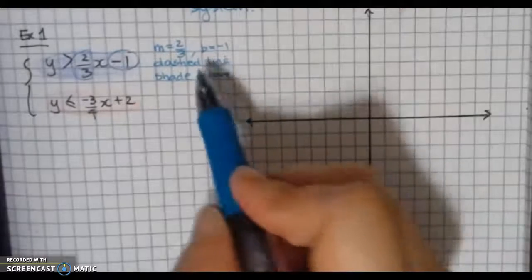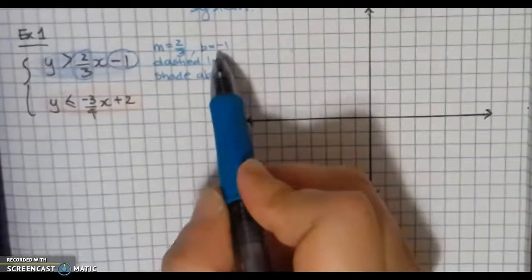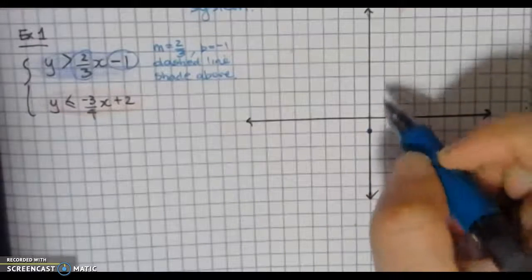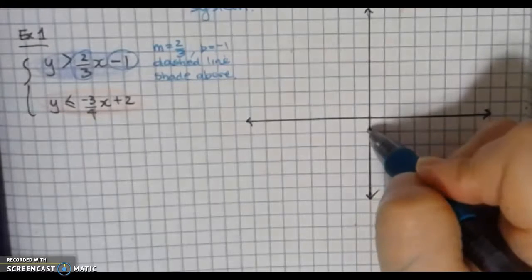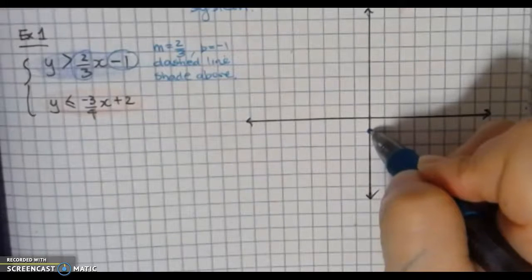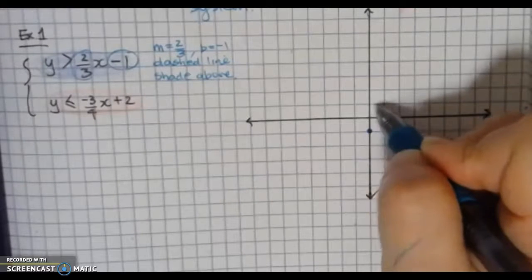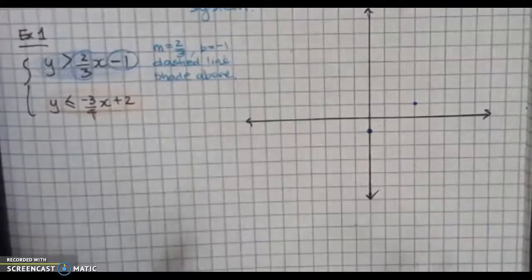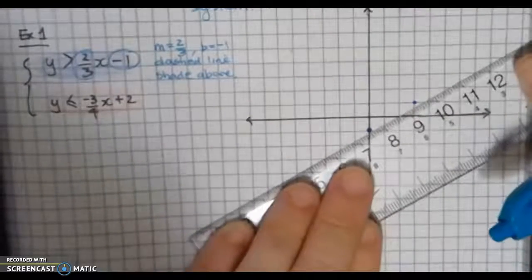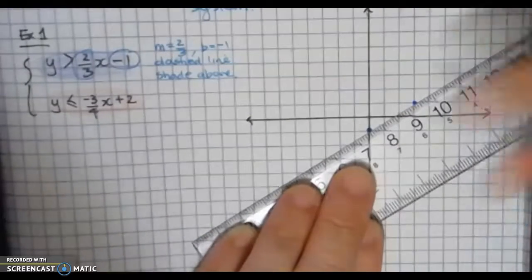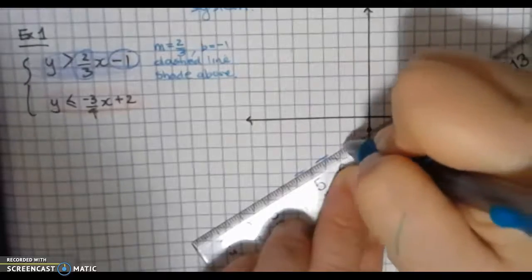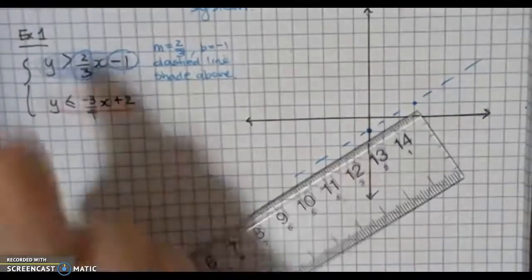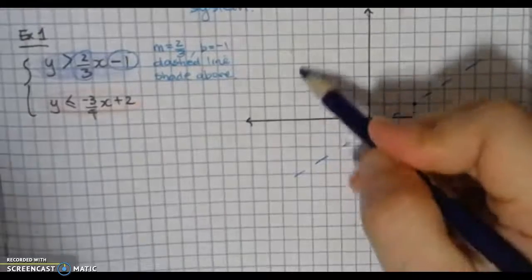Now that we've figured those facts out, let's graph just that. We start with the y-intercept, which is -1. I have my point here. From here, the slope tells me 2 over 3, so that means 2 up, right over 3. That's my second point. I already know that I should be doing a dashed line, and I should be shading above the line.